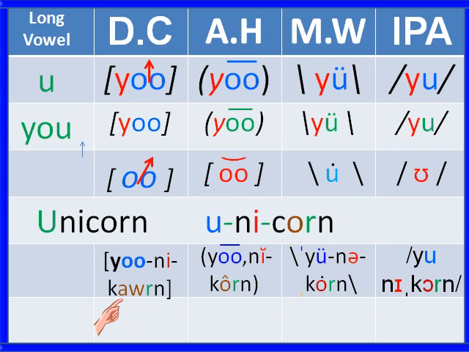The AW says R, and the R says R, so that's corn. But now look at American Heritage. The AW is represented by an O with a house over the top. Now go over to Merriam-Webster. The AWR is represented by an O with a little dot over the top. That's arn.